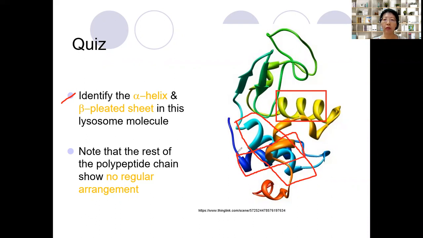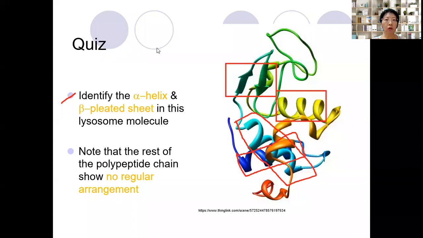So this is a regular coil, so it's alpha helix. Then beta-pleated sheet is represented by the flat arrow. Sheet means it's flat like a piece of paper, right? The flat arrow. So there's only one beta-pleated sheet here in this polypeptide chain.